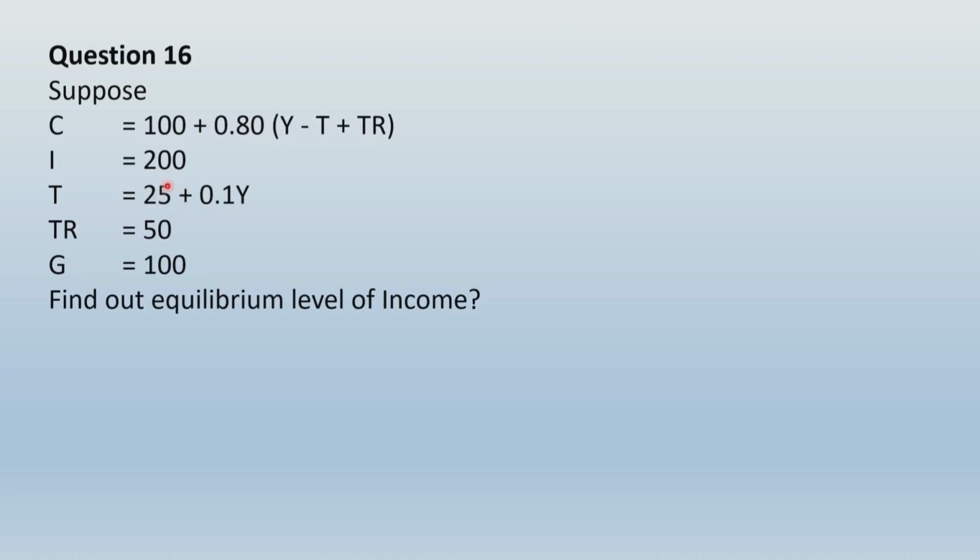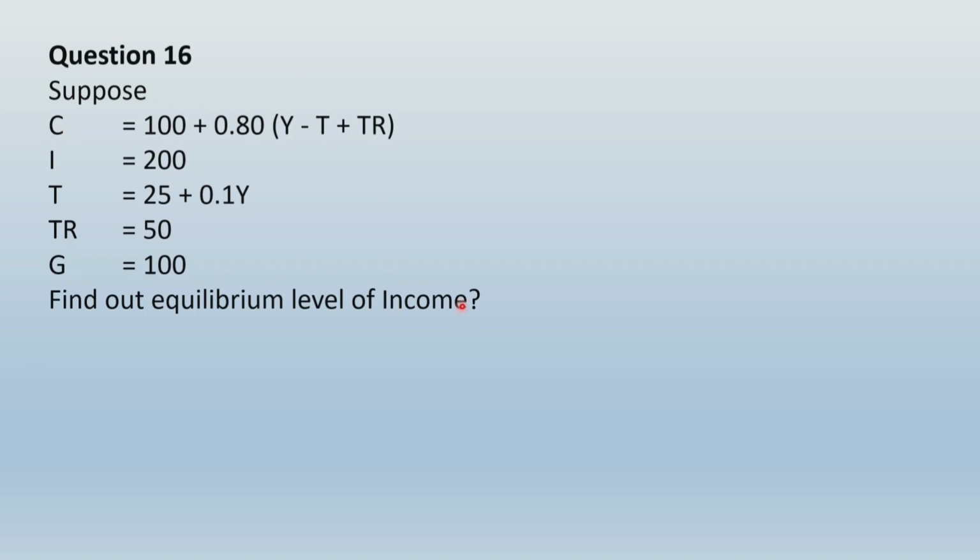The autonomous constant tax is present, the variable amount of tax is present, and transfer payment is also present. And then once you apply this Y minus T plus TR, you will get the disposable income, that multiplied by the marginal propensity to consume, that is B into YD, added to A, you will get the consumption function.